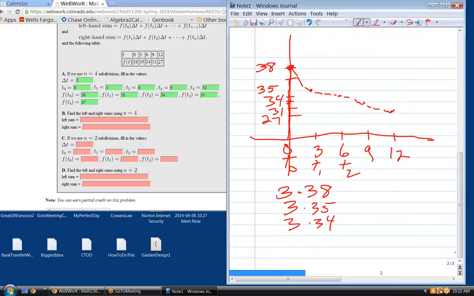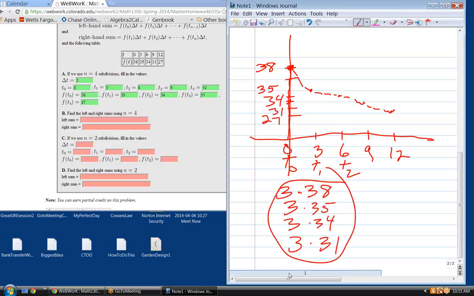Okay, so the left-hand sum, and now we just do 3 times 31 for the last one. Right. What's that number equal to when you add them all up? You could just add the 4 numbers on the right and multiply the whole thing by 3. Really? That's 138.